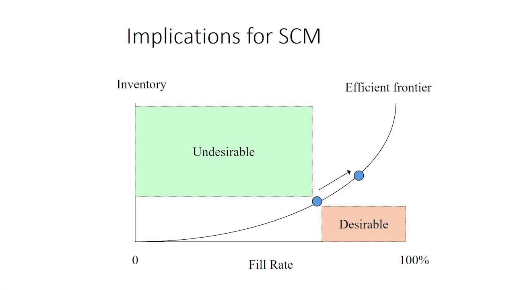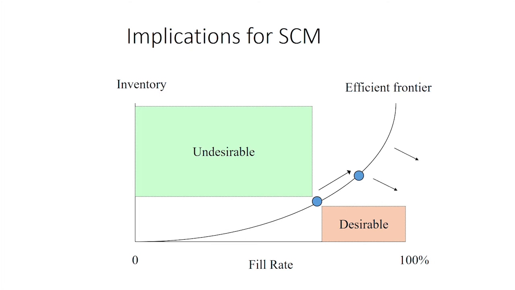But there might be some companies that perform even better than your best performance. These companies might invest the same amount of money in inventory as your company could do, but they achieve a higher fill rate. Their performance would be in the brown region, and this is a desirable region.